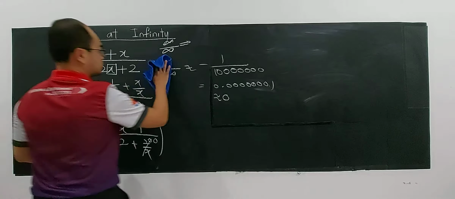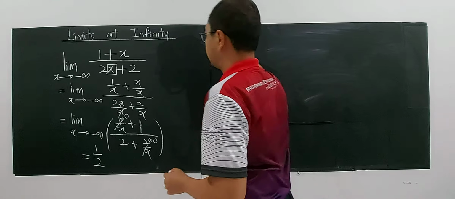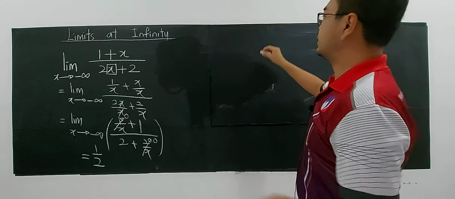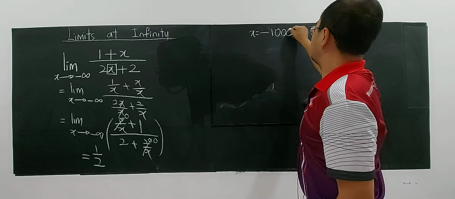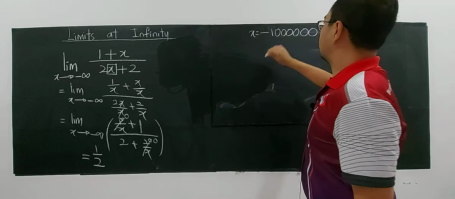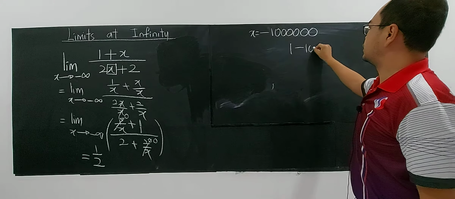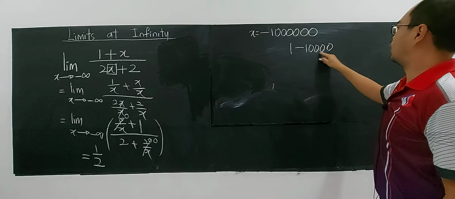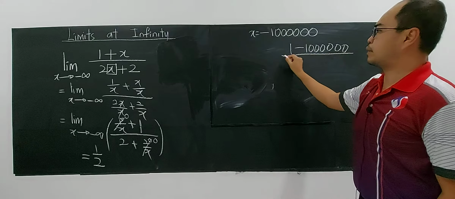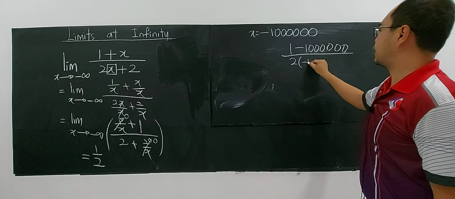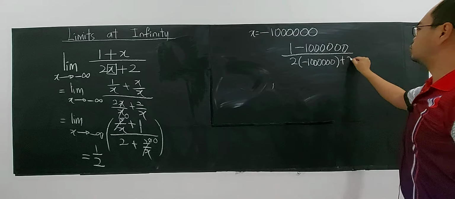So now, conceptually, let's say you have a very big negative number. So you have 1 minus this very big number, for example 1 million, divided by 2 times negative 1 million plus 2.